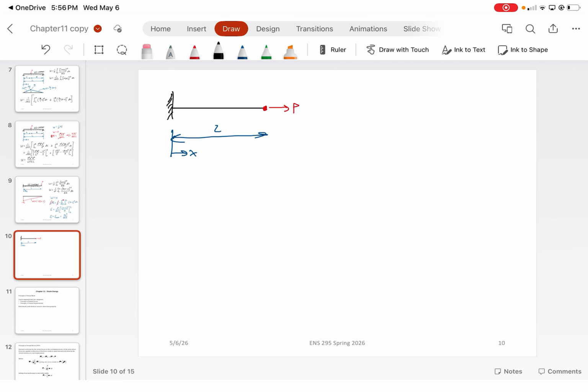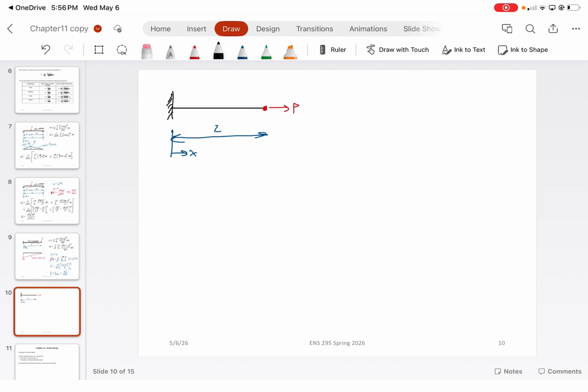Now, what was the strain energy equation for an axially loaded rod? Yeah, N squared times L over 2EA. Exactly.